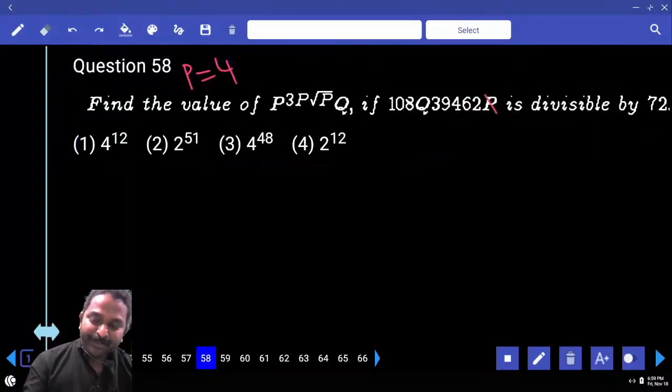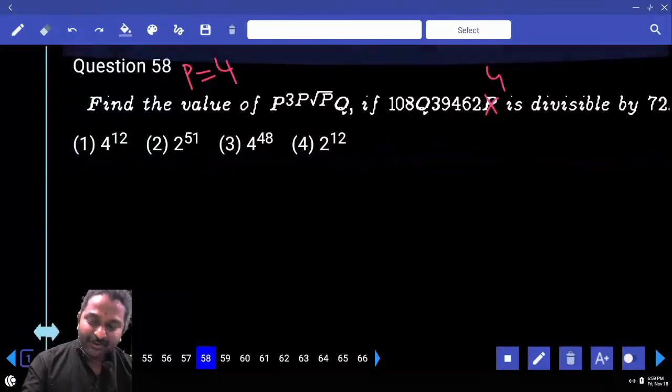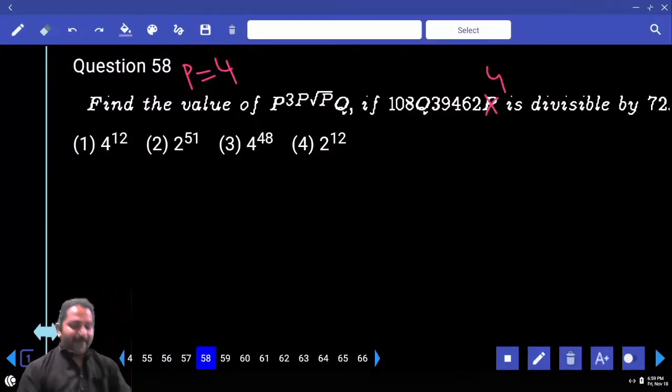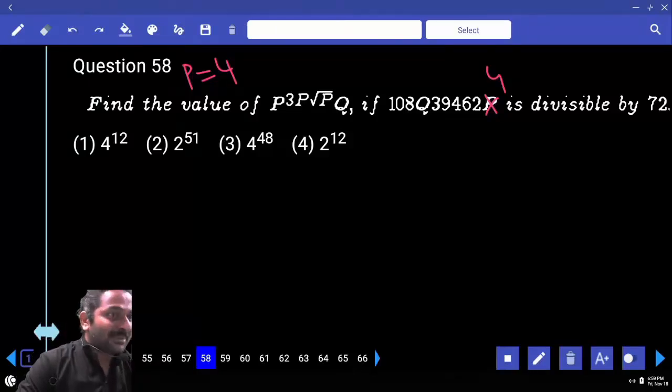So in place of P, I will write 4. Then it has to be a multiple of 9 as well. Choose the number so that it becomes 9 or a multiple of 9.